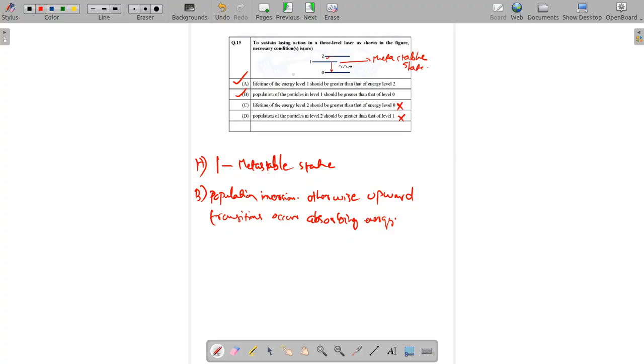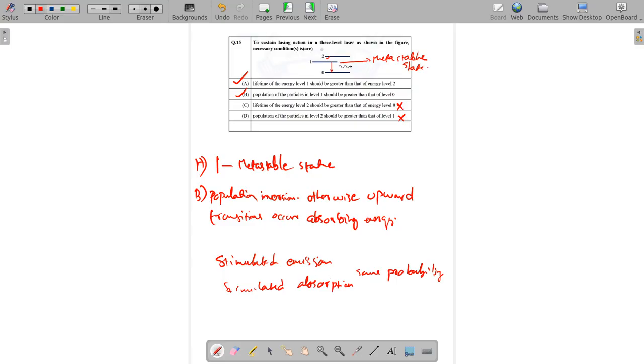Otherwise, what happens is that if population in 0 is higher than that in 1, then more absorption. So stimulated emission and stimulated absorption are both actually having the same problem. Whenever a photon comes, it can either take it upside or downside.